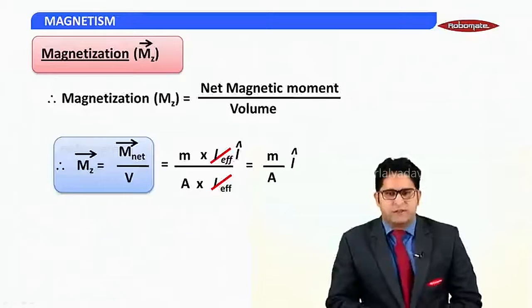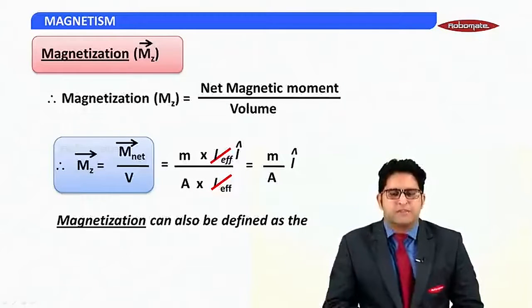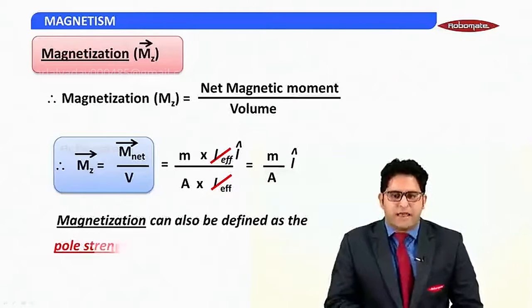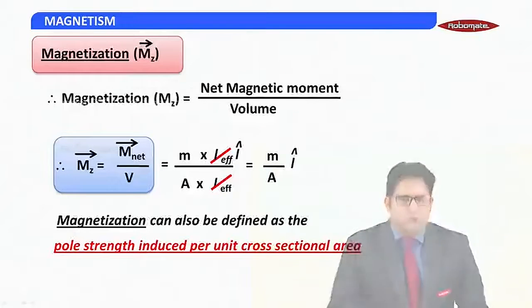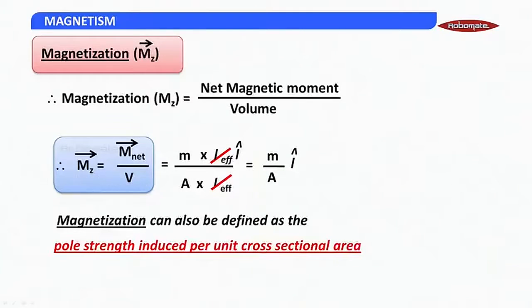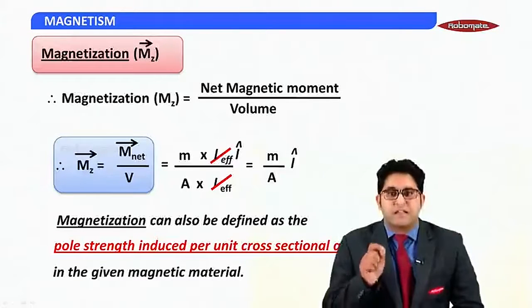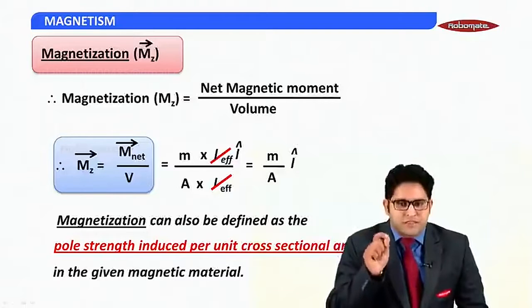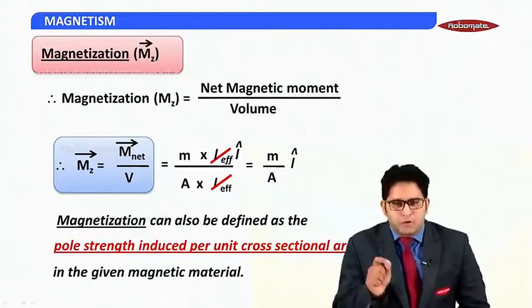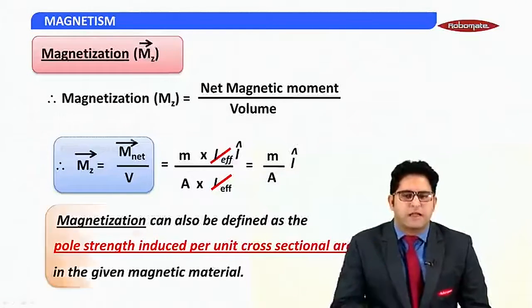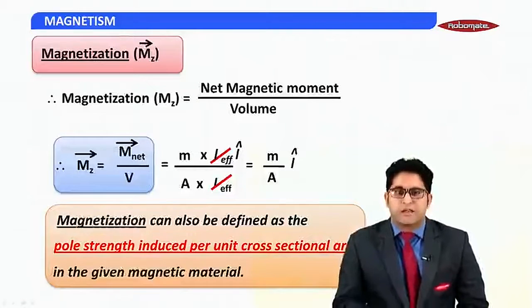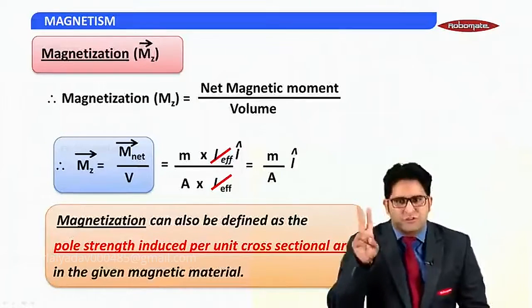So let us define. I can say magnetization can also be defined as the pole strength induced per unit cross sectional area in the given magnetic material, right? So what can we say? It is the pole strength induced per unit cross sectional area in the given magnetic material. So students, up till now we have learned two definitions of magnetization.